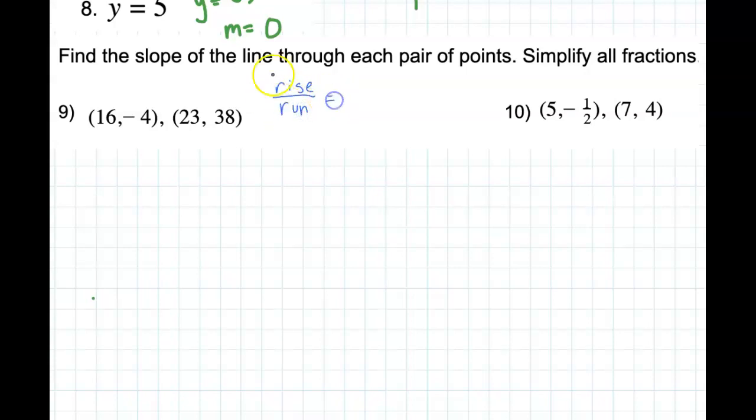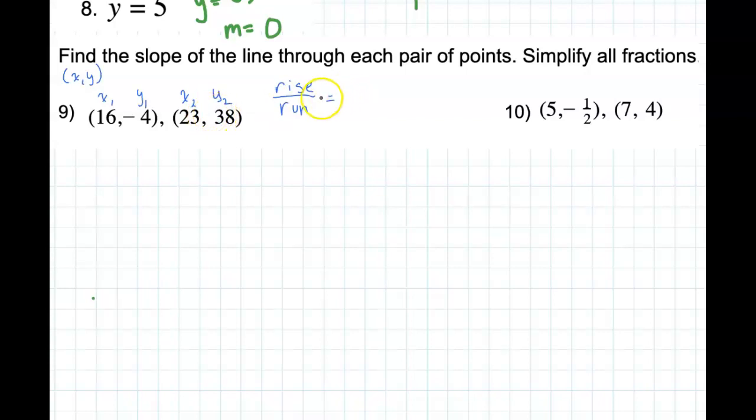And the rise is the difference in the y values, right? This is my x. It always goes like this, x and then y. So I'm going to call this one x1, y1, because this is the first point. We could have called this the first point. x2, y2. Okay.